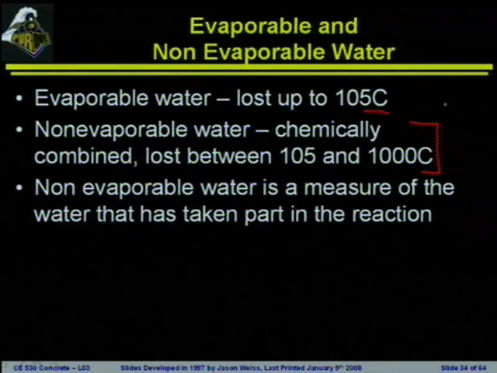Water that's chemically combined is part of the hydration process, so this is water that's been consumed to react with the cement. Before we were saying we could measure the extent of the material that's reacted. Here you're measuring the amount of water that's reacted. So in order to determine this, you would basically take the weight of water that's lost between 105 and 1,000 degrees, and that would tell you something about the amount of water that's reacted in the system.